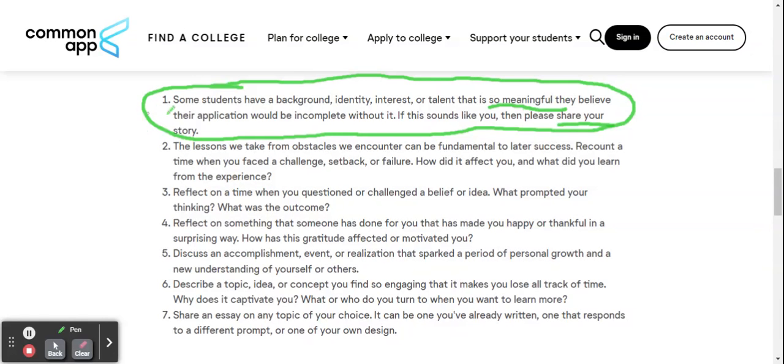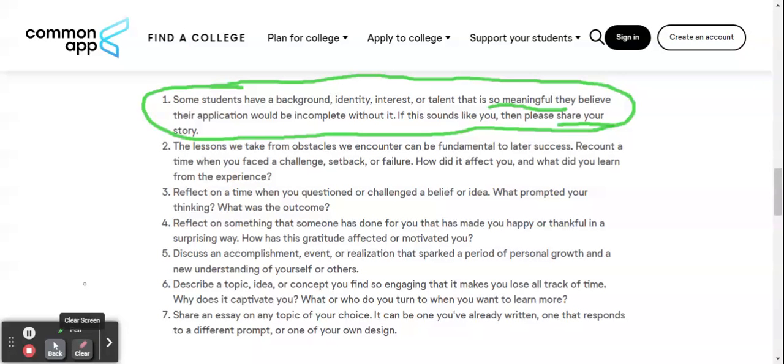And so that's really what this particular prompt 1 is about. Again, you have to demonstrate it with clear examples, showing how you have grown as a person, or that you are the person that you are today, this character, because of this background, identity, interest, or talent.